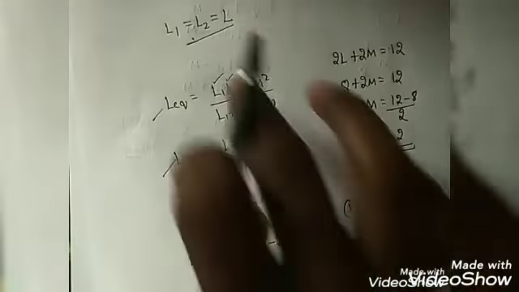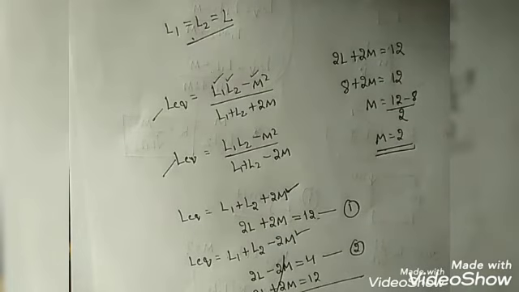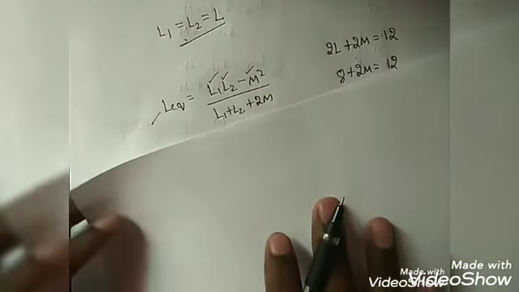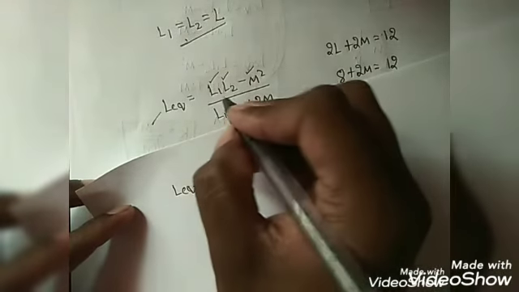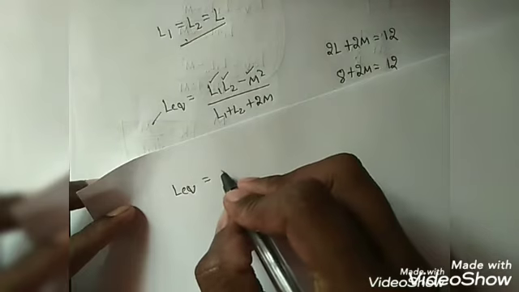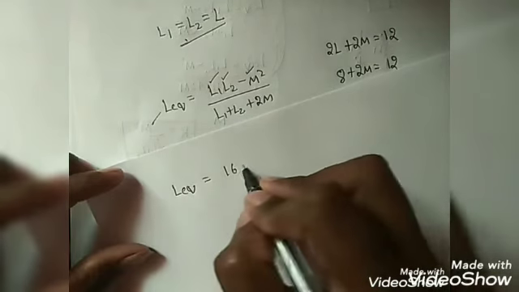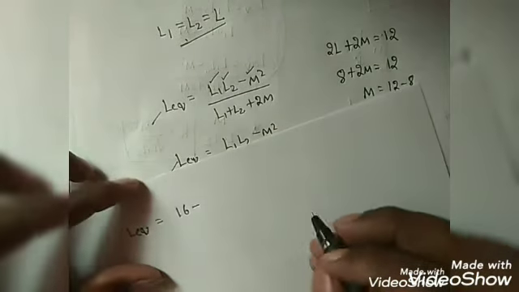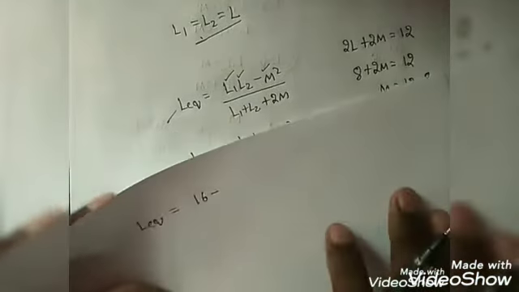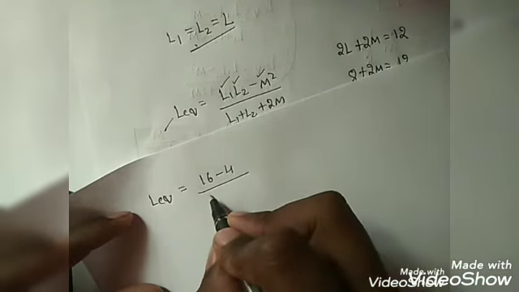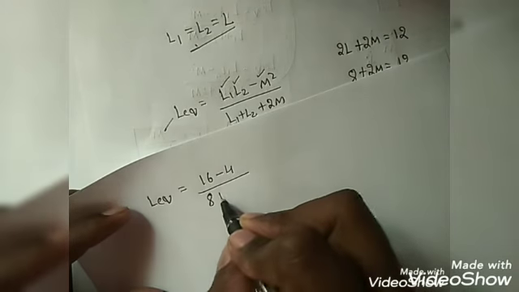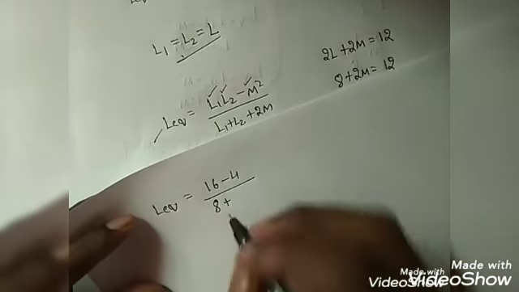Now we'll substitute in both formulas and see in which formula the equivalent inductance is maximum. In the first formula, L equivalent equals L1 L2, that is 4 into 4 is 16, minus M squared, where M is 2, so 2 twos are 4, divided by L1 plus L2, that is 8, plus 2 into 2, which is 4.